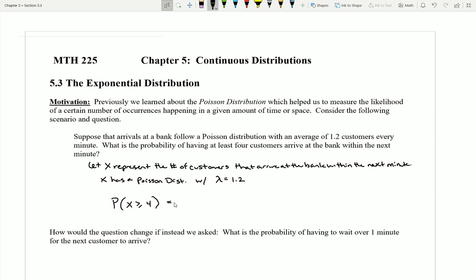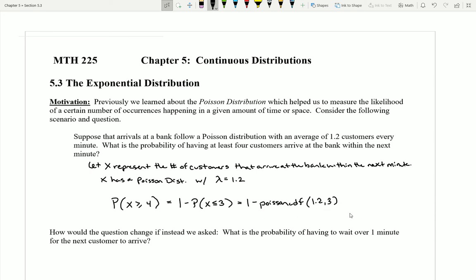You might recall that I can tackle that with a CDF. I just have to think about all the stuff that I don't want, which would be all the numbers of customers 3 and below, and I can compute this by doing 1 minus a Poisson CDF with lambda at 1.2 and 3 for the value of x.